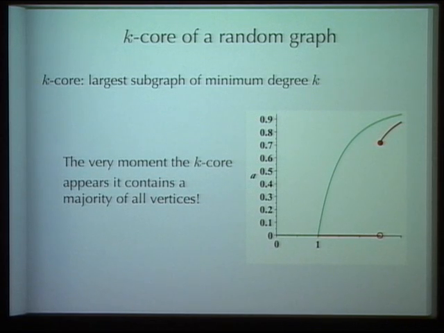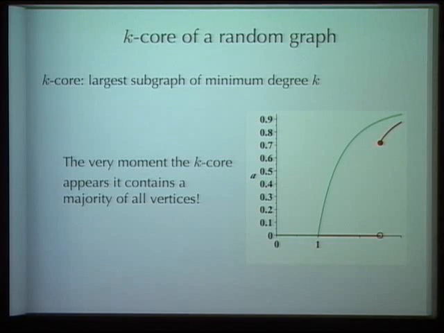So the bottom line is a random graph either has a k-core or it doesn't. But when it does, the very moment that that k-core appears, it is completely massive. So think of the experiment of building a graph one edge at a time, and every time after you add a single edge, you ask, do we have a k-core yet?